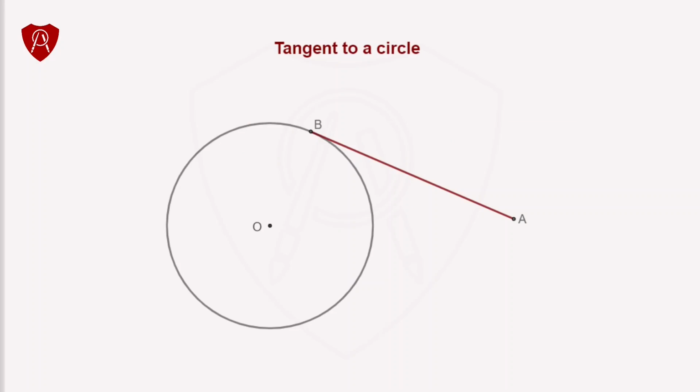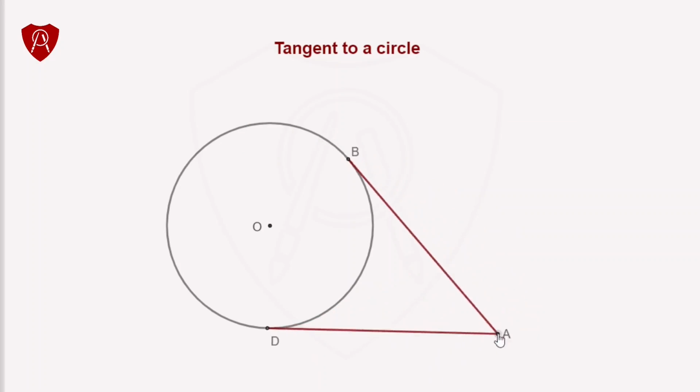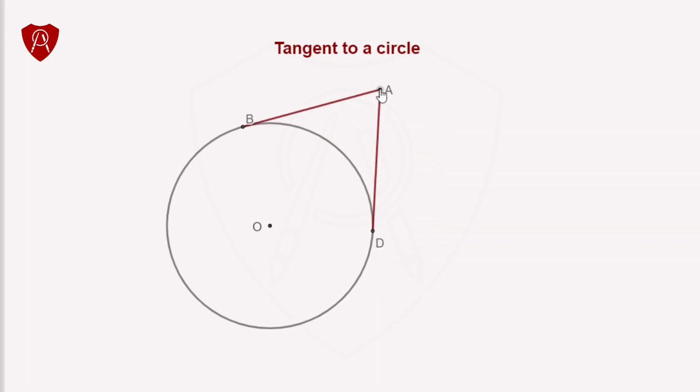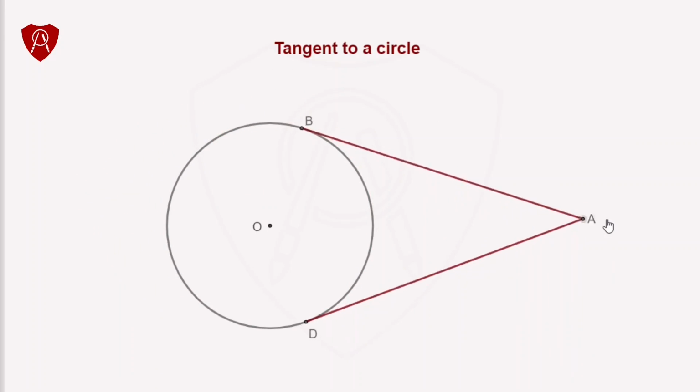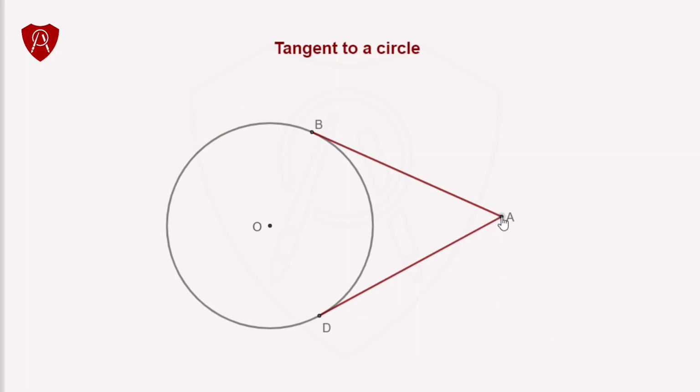From the same external point A, we can draw a second tangent, AD, with D as its point of contact. Note that you cannot have more than two distinct tangents on the same point.